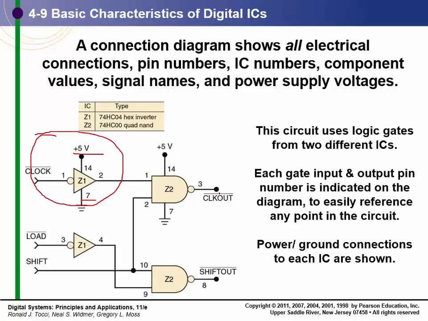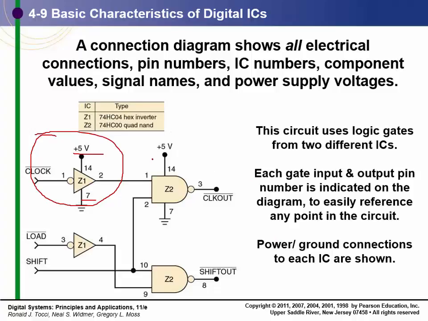We have some outputs going to the pins to the outside world or somewhere else. But we've got a component here, Z1, which is a 74HC04 hex inverter. We also have a quad NAND gate. I'm using 2 of the inverters on the hex inverter, and 2 of the NAND gates on the quad NAND gate.